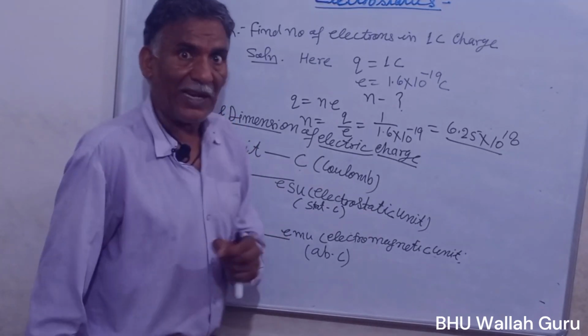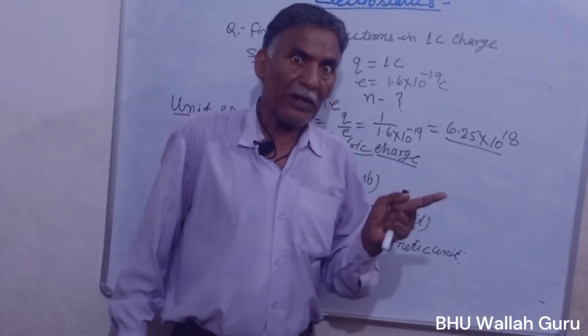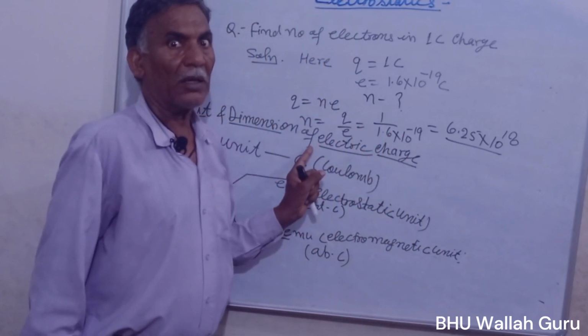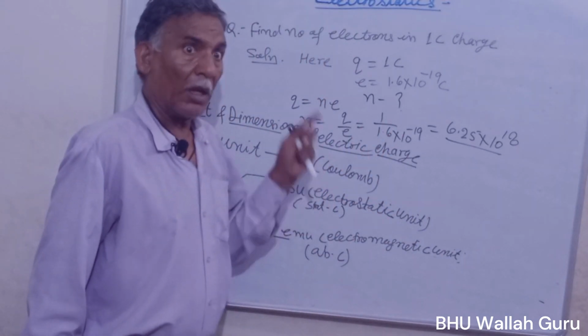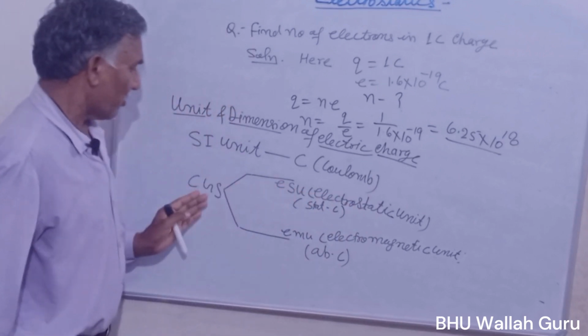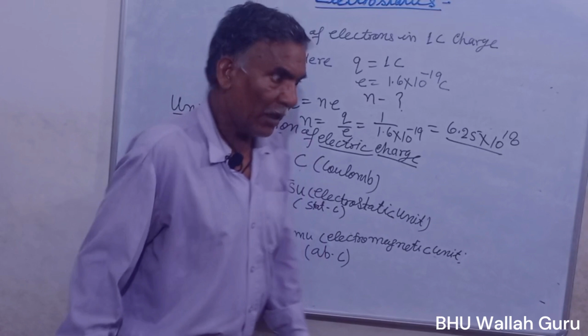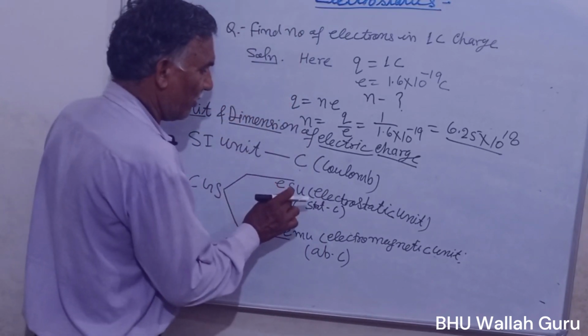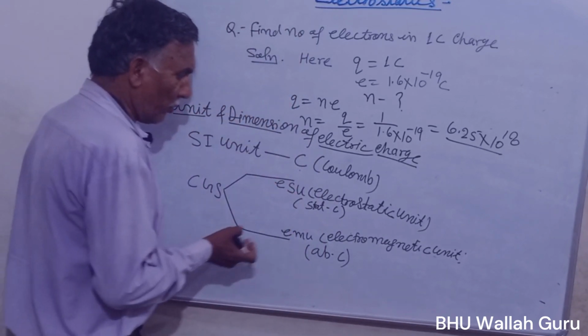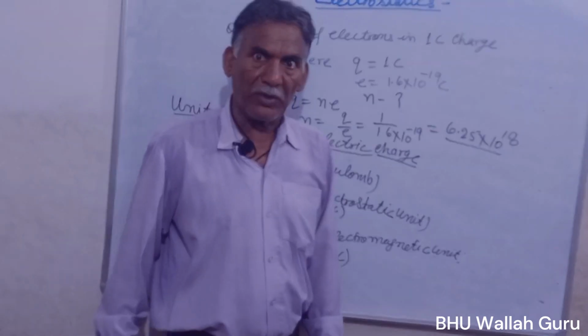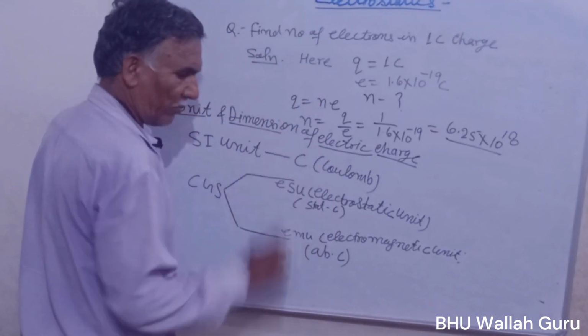Now, the question arises, why do we select CGS units in ESU and EMU? Since electric charges play a role in electricity as well as magnetism. When we study electric charges in electrostatics, the CGS unit is ESU. When we study electric charges in magnetism, the CGS unit is EMU.